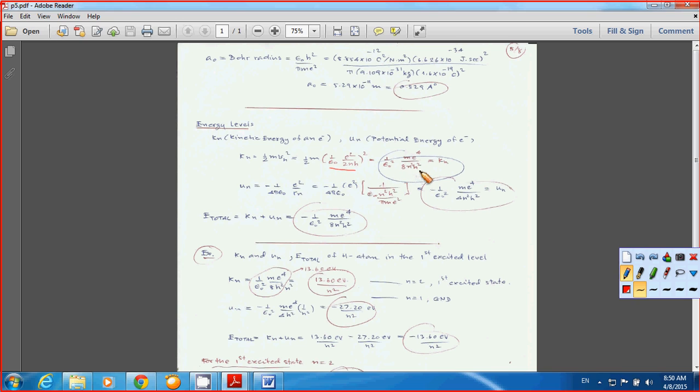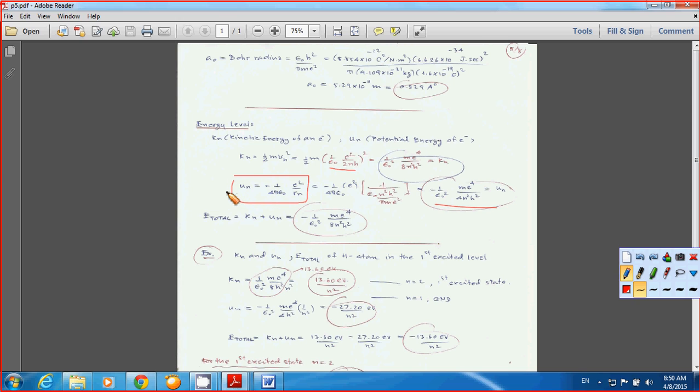K_n, and also U_n is equal to negative 1 over 4 pi epsilon 0 e squared over r_n. And then you plug in r_n that you calculated earlier. You end up with U_n to be this term. This is also from the Coulomb force, right?